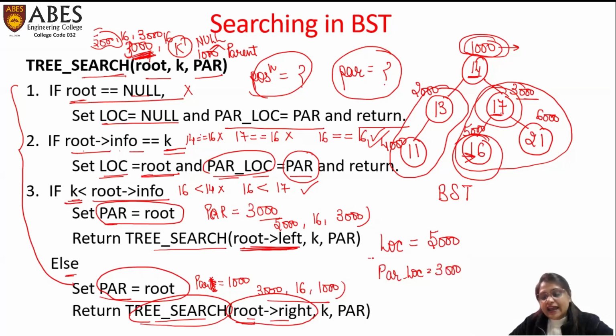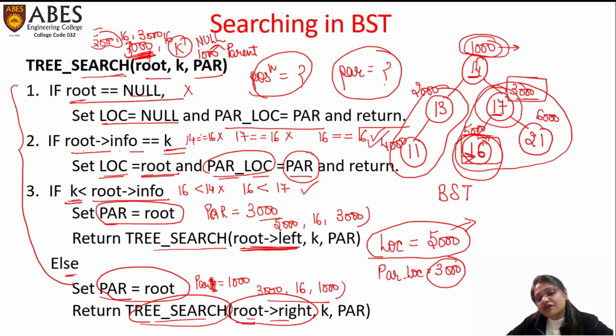It means we have got our element at the location, or address, pointed to by 5000. We have got our element 16, and the parent of this node is given by this value, 3000. So while executing this algorithm, I can know the address of the location where I find my element, as well as the parent of that node.